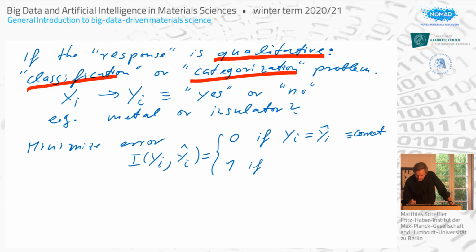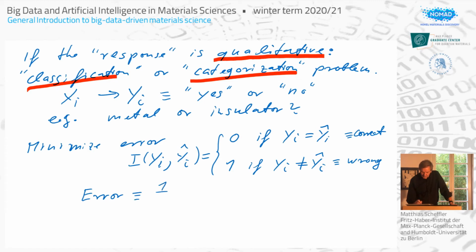If yi is not equal to yi hat, then this is wrong, or an incorrect result. And so the quantity which we have to minimize, the error, is somewhat analogous to what we had in the mean squared error: a sum over i from 1 to n of I of yi, yi hat.